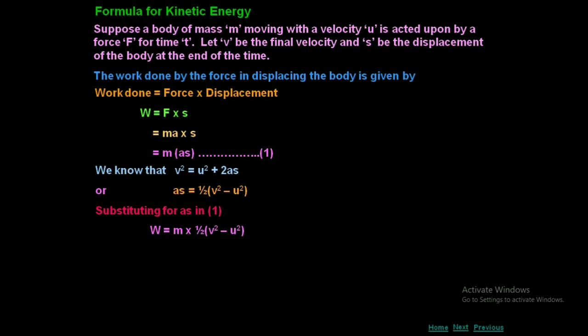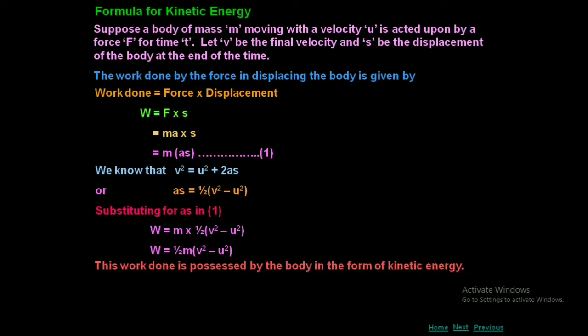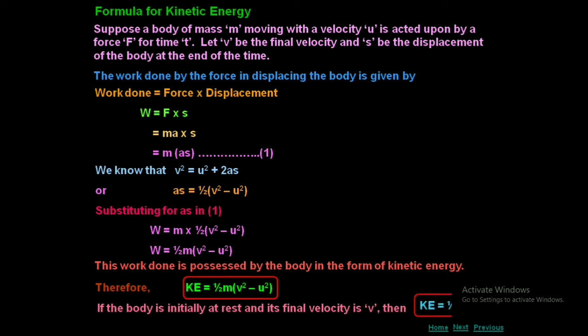From here you can get the value of as and substitute this value in equation number 1, from where you will get work done is equal to half m (v square minus u square), where v is the final velocity and u is the initial velocity. If the body is initially at rest, then u will be 0 and the answer is kinetic energy is equal to half mv square.